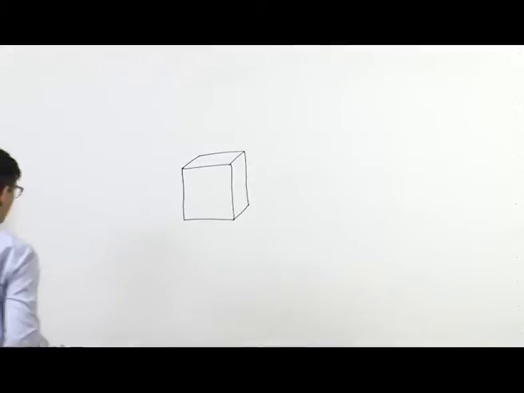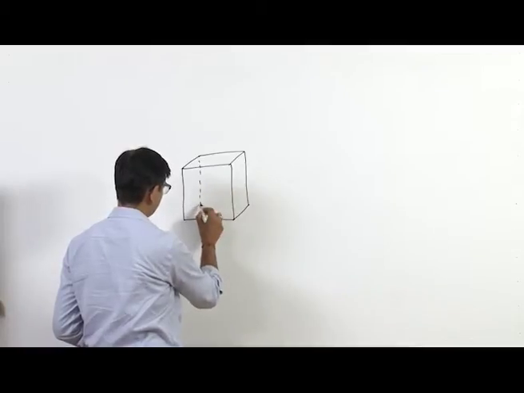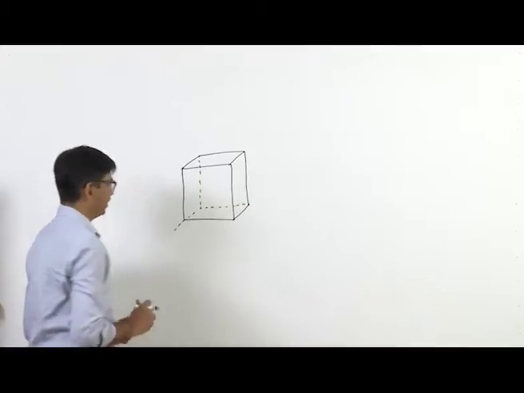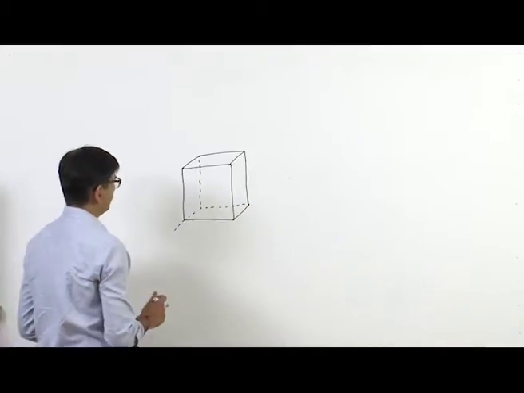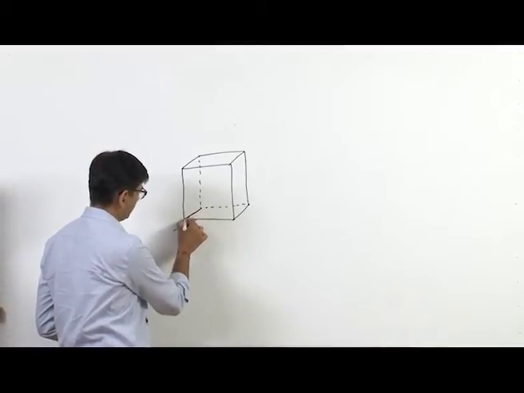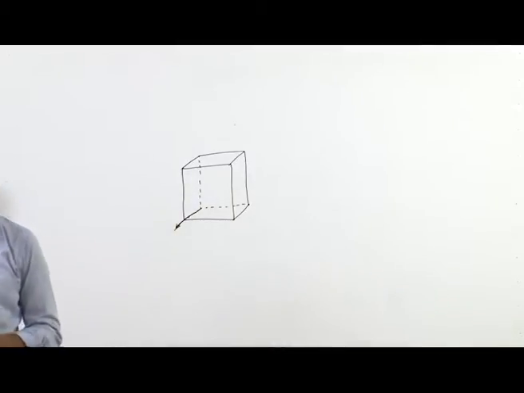We do not want to go into too many complications right now. We just want to understand how I can do the indexing. So suppose I am interested in knowing what is the indexing of this particular vector or direction.